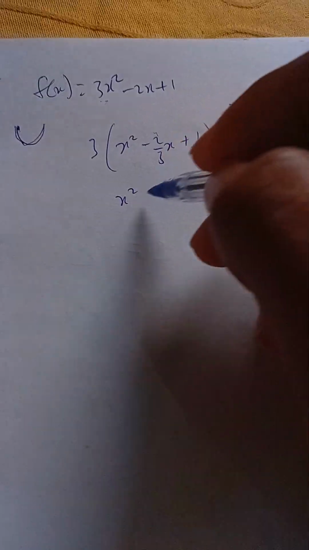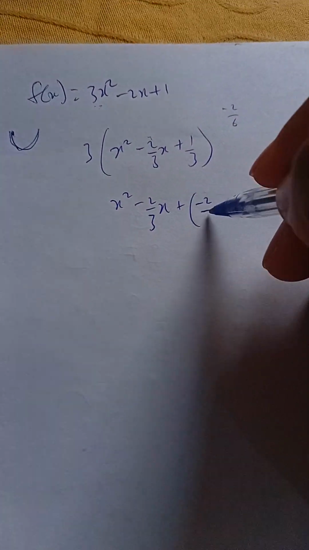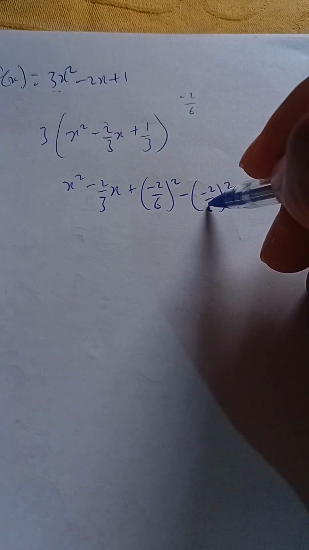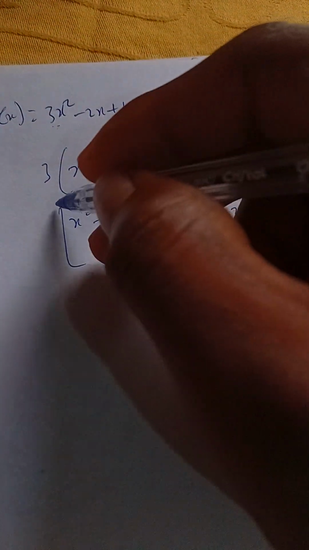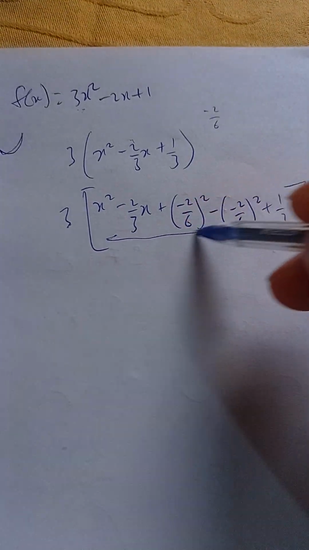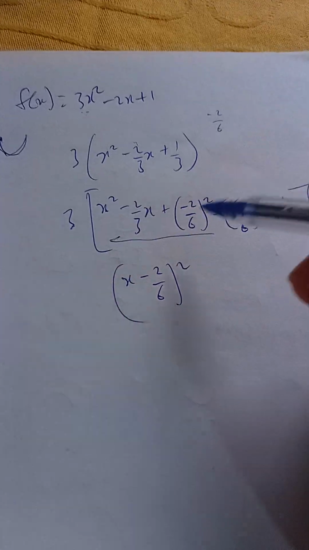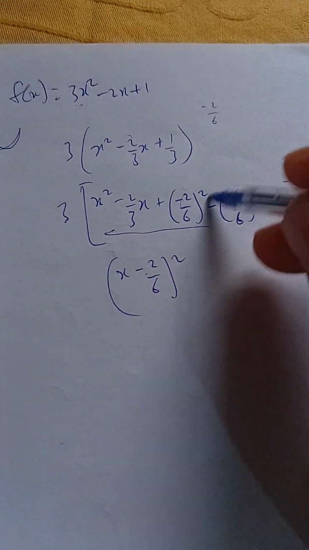You add the square of it and subtract the square of it, and plus 1 on 3, with your 3 outside here. Then when you're done, this will give you something like x minus 2 on 6 all squared. You watch that sign there.